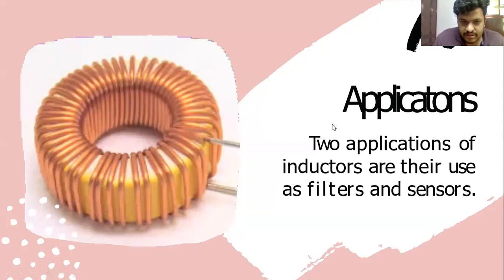This coil is wound in a circular shape. The two major applications of inductors are filters and sensors. They can be used for storing charge also, but the major applications are as filters and sensors.